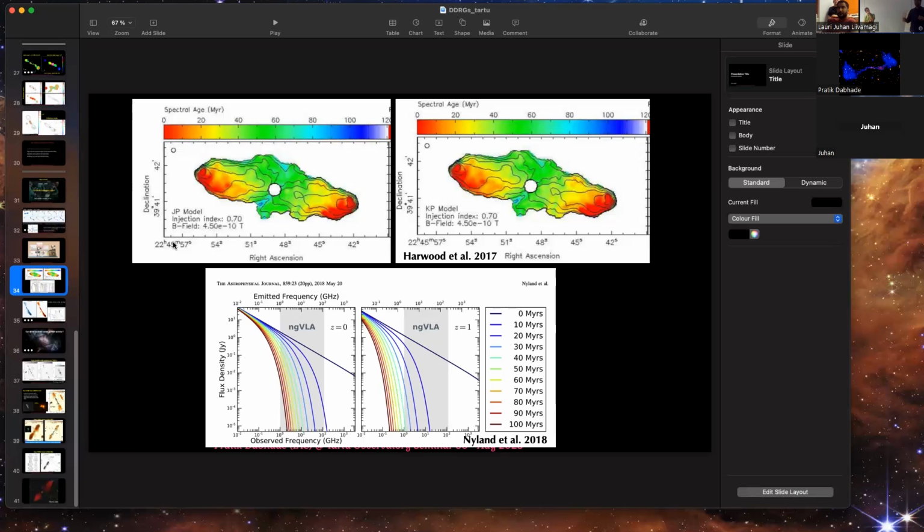The dishes are not ideal for 144 megahertz at low frequency, because here the wavelength is 2 meters. It's really long. And we know from the synchrotron spectrum that the lower the frequency, the brighter the objects, if it's going to follow the power law. So we wanted to look at that part of the sky, that frequency.